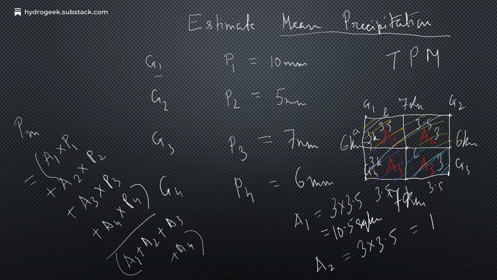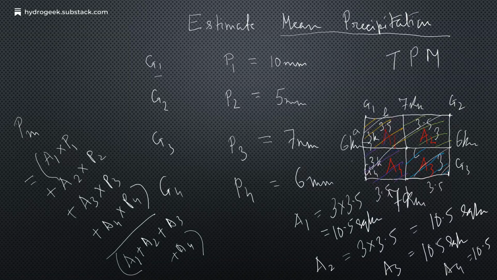So this will also be 10.5 square km. A3, this will be 3 into 3.5, same 10.5. A4 will also be 10.5.